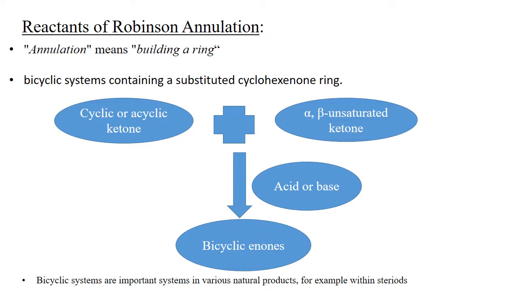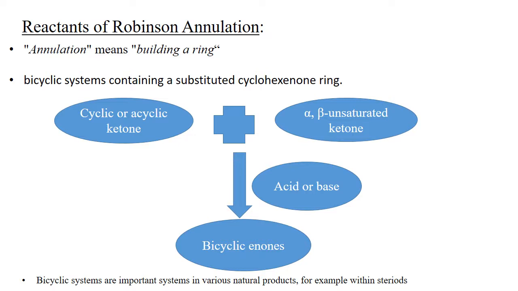So remember, if our reactant contains a cyclic system, then the product contains a bicyclic system. If the ketone and the alpha beta unsaturated ketone are both acyclic, then the product will contain a single ring, the cyclohexenone ring.